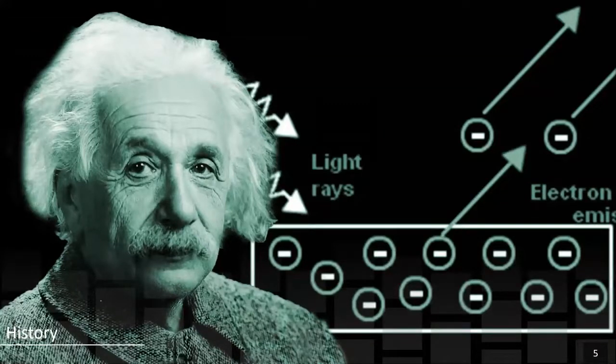We can't talk about where we're going until we know where we have been, and where this all started was in 1888, really. It was a Russian physicist, Alexander Stoletov, who built the first cell based on the photoelectric effect. This was discovered and proven a year earlier by Heinrich Hertz in 1887.